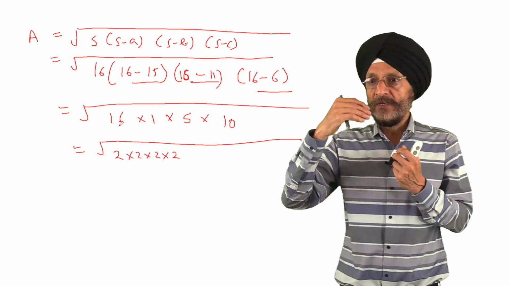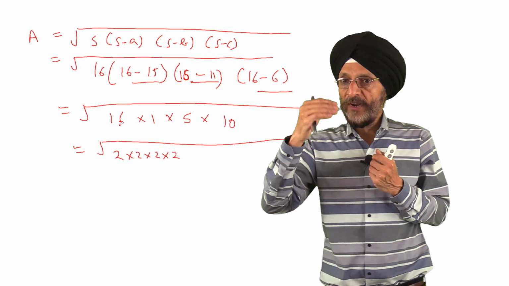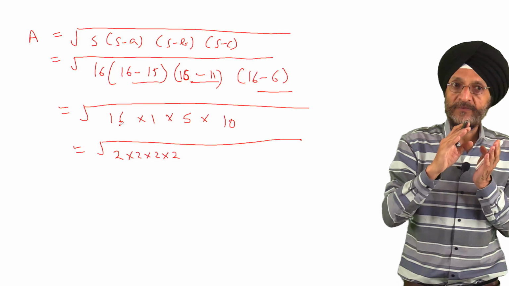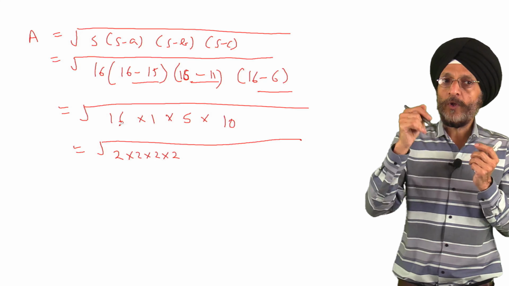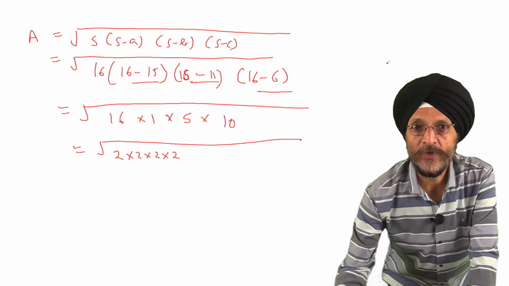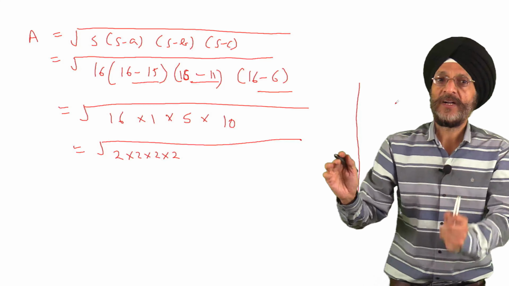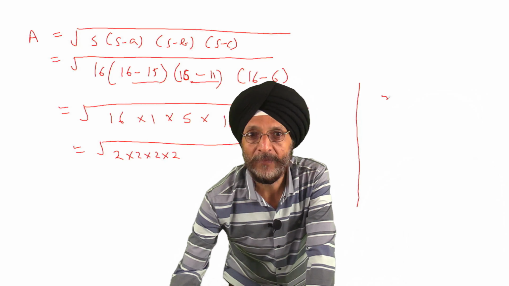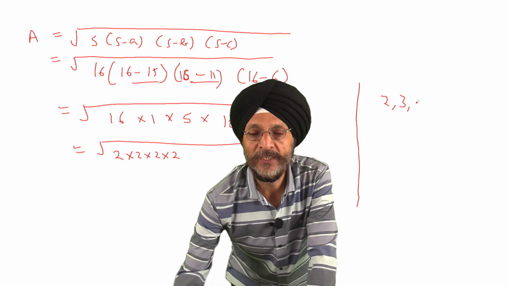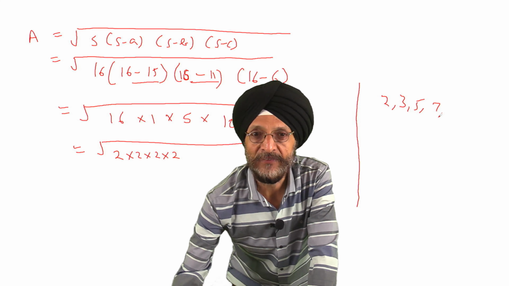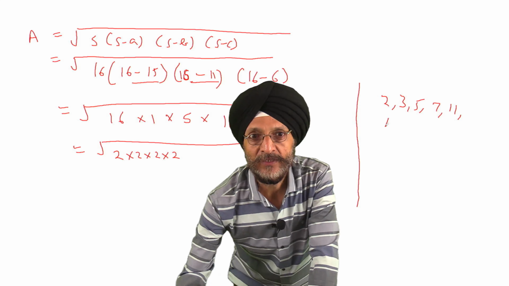All the numbers from 1 onward which can be divided by its own number or by 1 are prime numbers. For example, we are giving this only for the purpose of your understanding. Prime numbers are 2, 3, 5, 7, 11, 13, 17, 19.